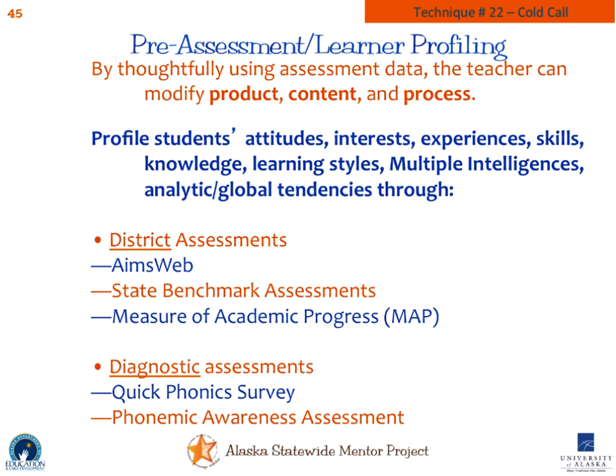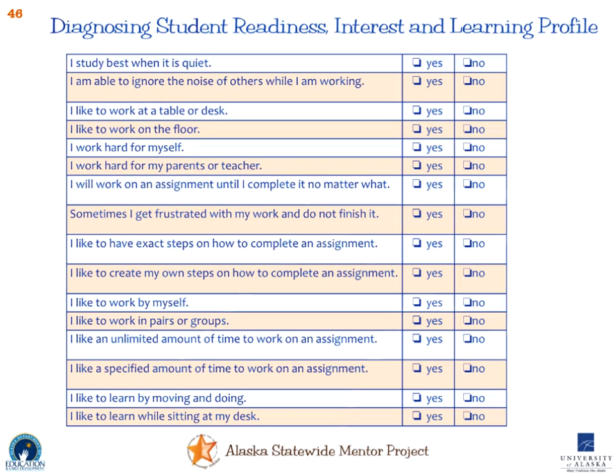On this next screen, the previous list was of assessments to determine student skill levels. Here's a learner profile checklist that will help determine the student's learning styles. It can give you information as a student teacher to identify ways to modify the environment, the assignments, or the delivery of instruction.